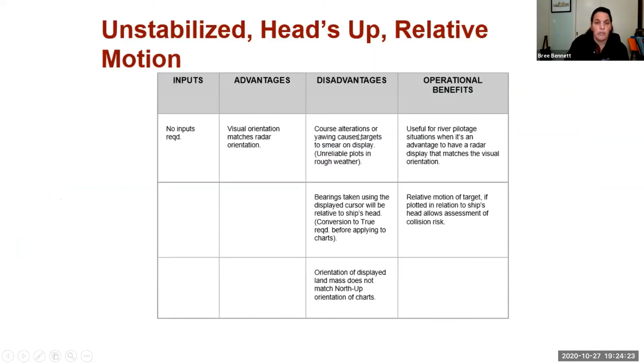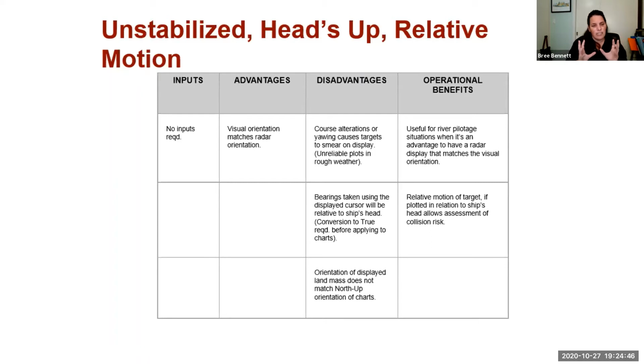Okay, so when you have a heads up display, on your radar scope, the top is always where your bow is pointing, and everything around you is relative on that radar scope.